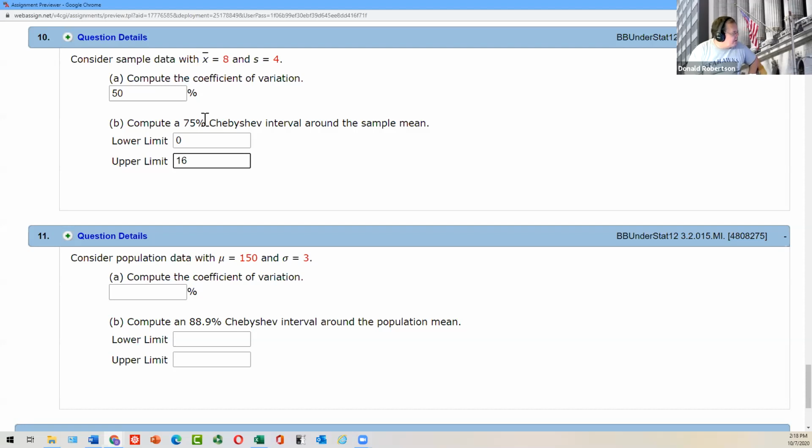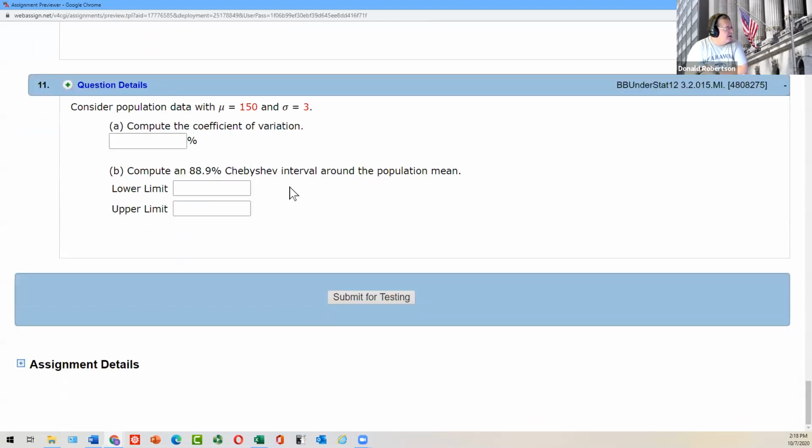Now, a 75% Chebyshev just means 2 standard deviations. What will an 88.8 Chebyshev get you? Or an 88.9, which is what they're doing in question 11. How many standard deviations from the mean will that get you?